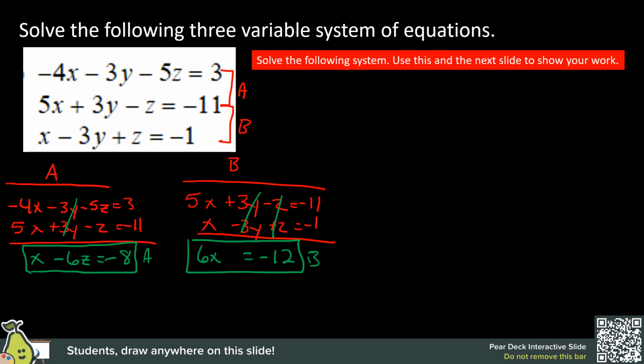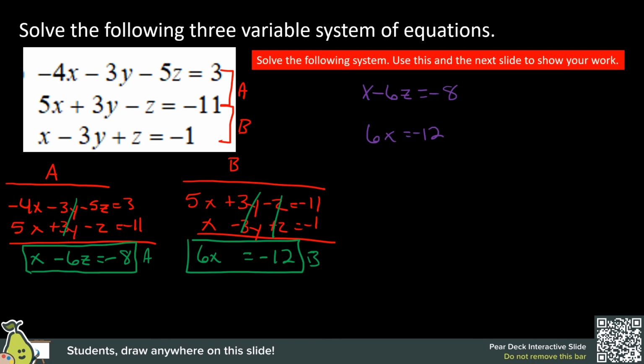On the video from last week when we did these, we took those two equations, x minus 6z equals negative 8 and 6x equals negative 12, and we considered this as a two-variable system. But what do you notice about the second equation? It just has the one variable, right?